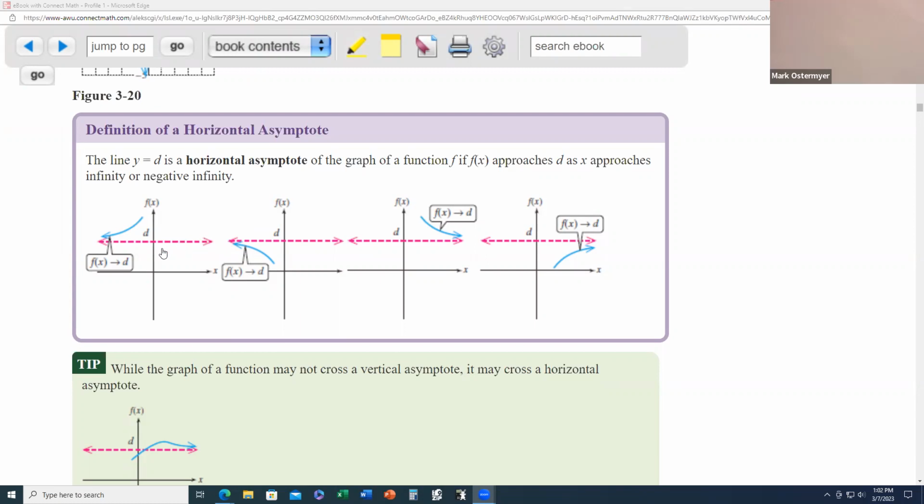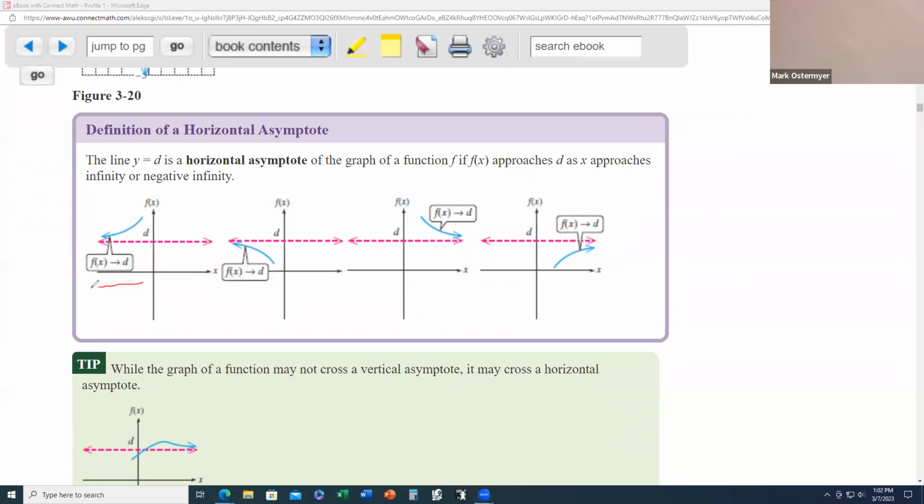Well, a horizontal asymptote is a horizontal line, depicted as this red dashed line, such that the graph will either approach it from above or below as x approaches either positive infinity or negative infinity. So the nature of a horizontal asymptote is not realized until x becomes very large or very small.